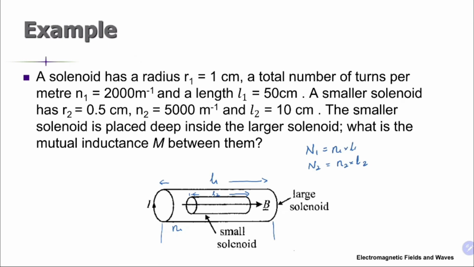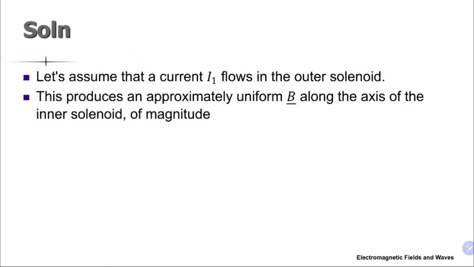If you assume current I1 flows in the outer solenoid, that produces a uniform magnetic flux density along the axis of the inner solenoid of magnitude B equals mu naught N1 times I1.